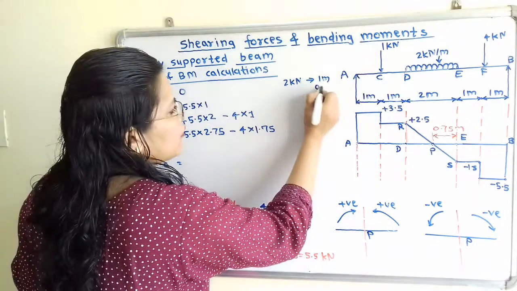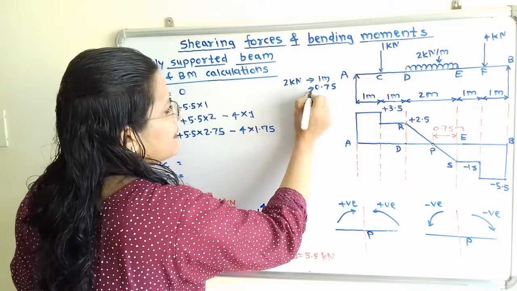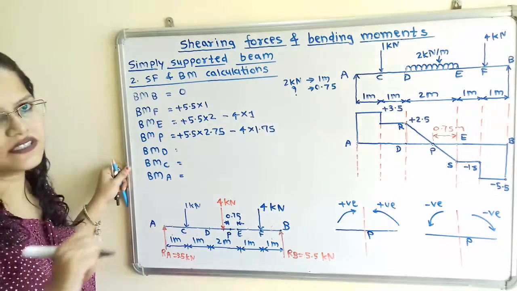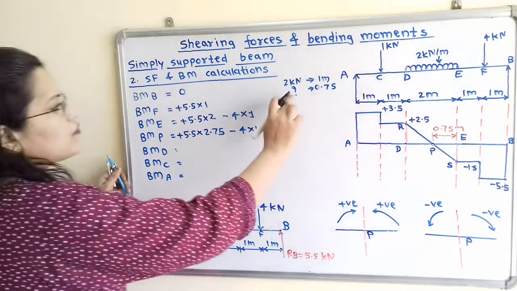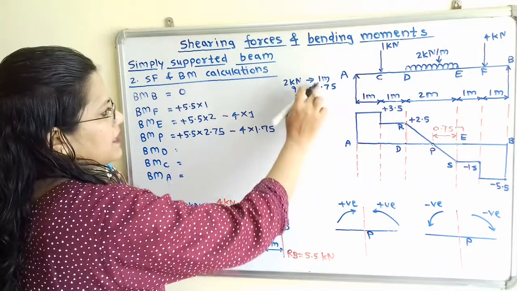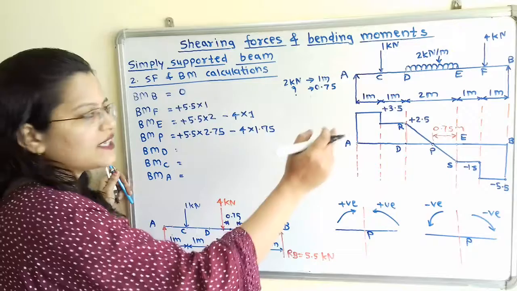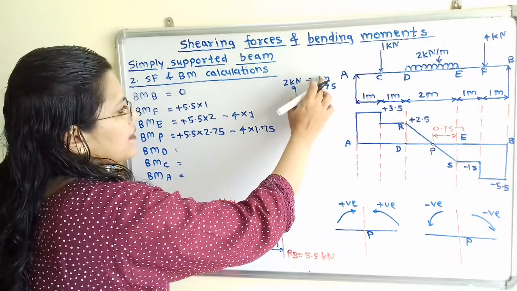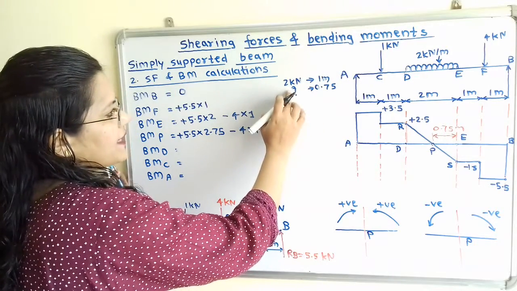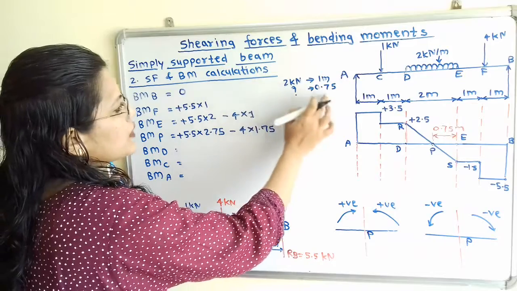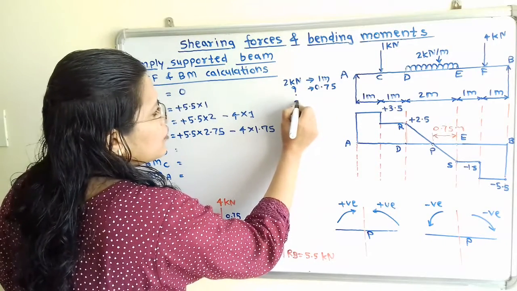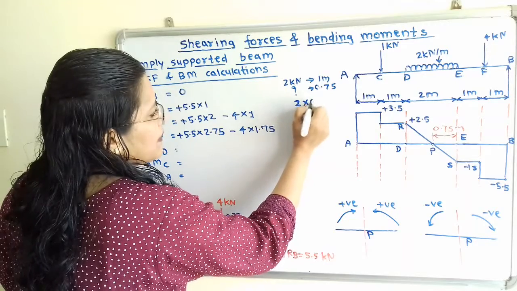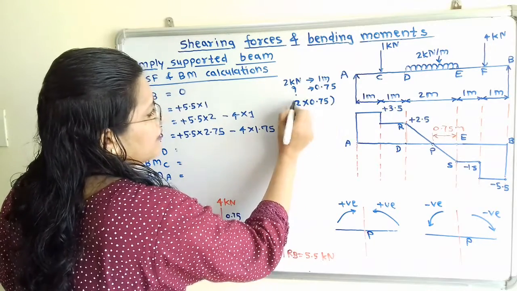So for the span of 0.75 meter, how much load is there? This value of x is important. How to calculate this x by cross multiplication? We can take 1 multiplied by x is equal to 2 into 0.75. So this load is equal to 2 multiplied by 0.75 kilonewton.